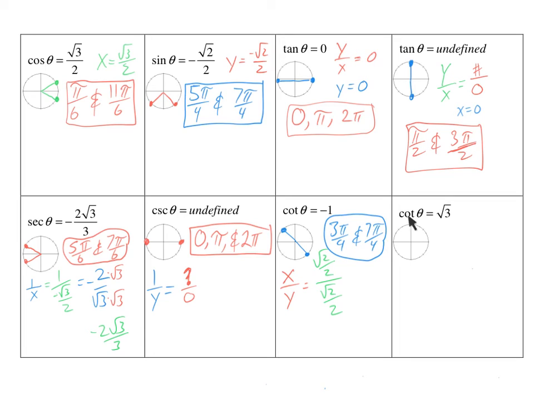So last question here, cotangent being square root 3. So cotangent, like the last problem, is x over y. So when I divide two things, and I want to get a square root 3, well, let's think back to the unit circle again. If I want a square root of 3, wouldn't one of them have to have a square root of 3?